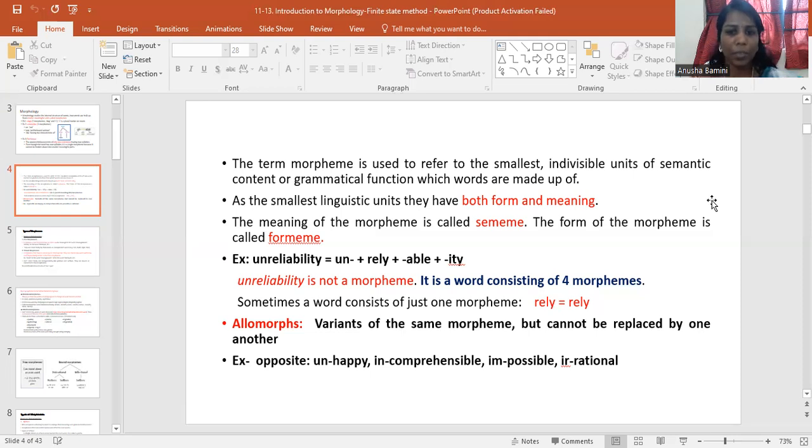Possible is a word. If I add im to this, it becomes the word impossible. Words like these are called allomorphs.